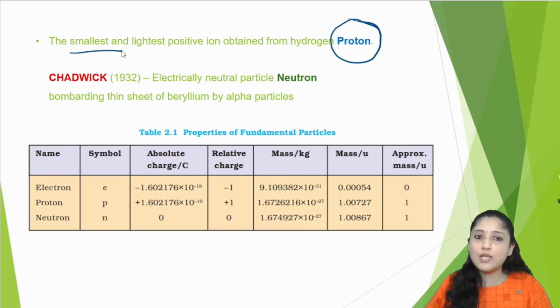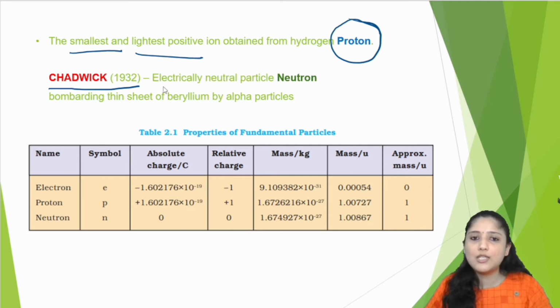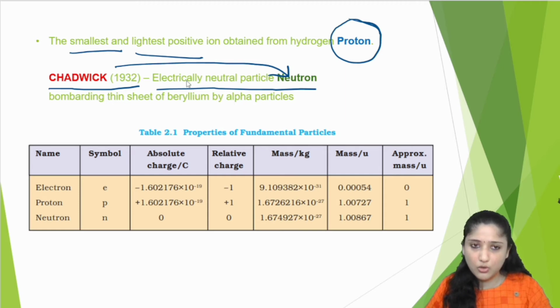The proton is the smallest and lightest positive ion obtained from hydrogen. In 1932, the scientist Chadwick discovered the electrically neutral particle called the neutron.